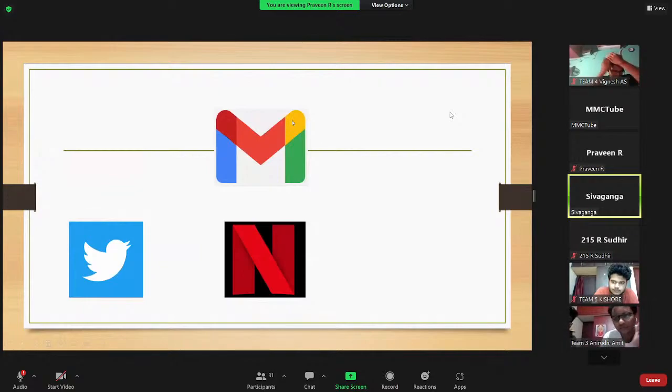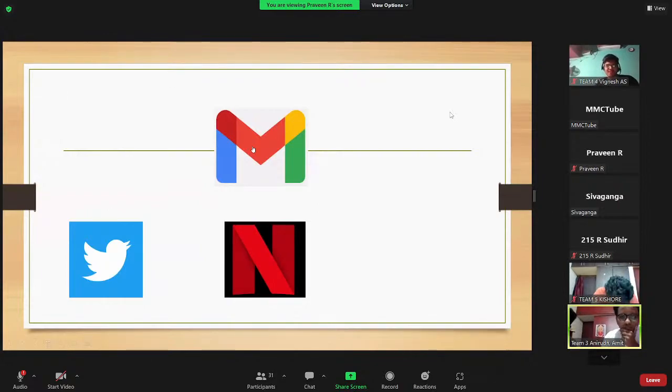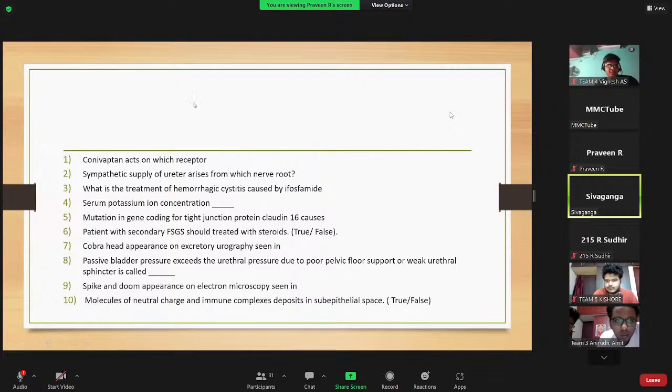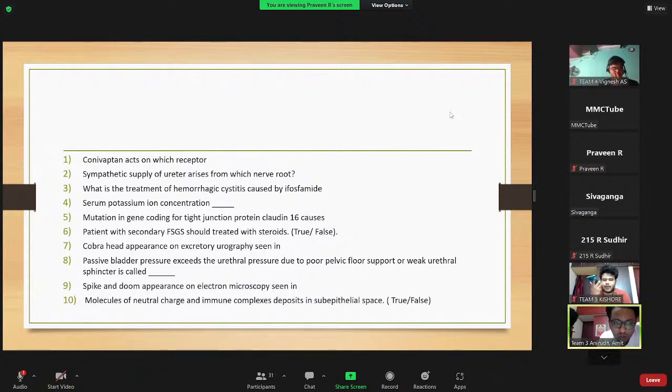Team 3, which set you want? Gmail. Okay. Conivaptan, V2. Treatment of hemorrhagic cystitis, Mesna. Potassium ion concentration is 3.5 to 5. Cobra head is erythrocyl. Question number 6 is false.